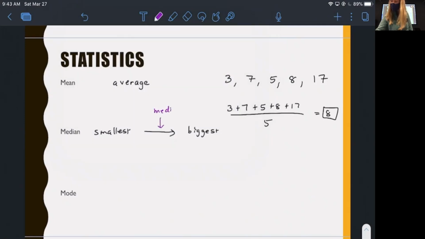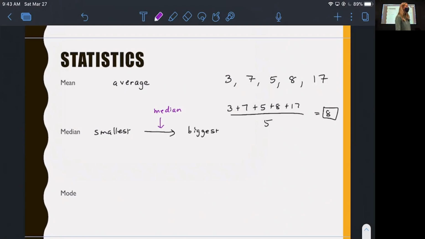So the median is the middle number when you arrange them from the smallest number to the biggest number. What if there's 2 middle numbers? You average them. So if you find the middle number and there's 2 numbers in the middle, you find their average. So add them together, divide by 2. Find the middle of those 2 middle numbers. So to find the median, you arrange them from the smallest number to the biggest, and then the median is the number in the middle.